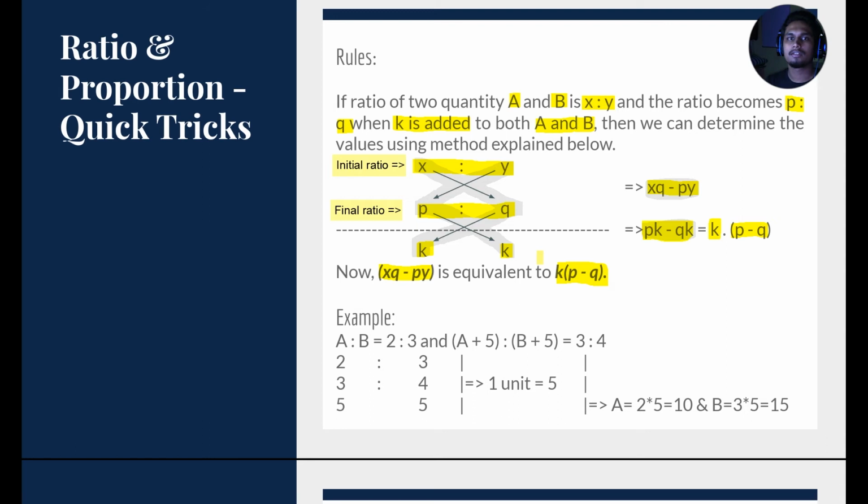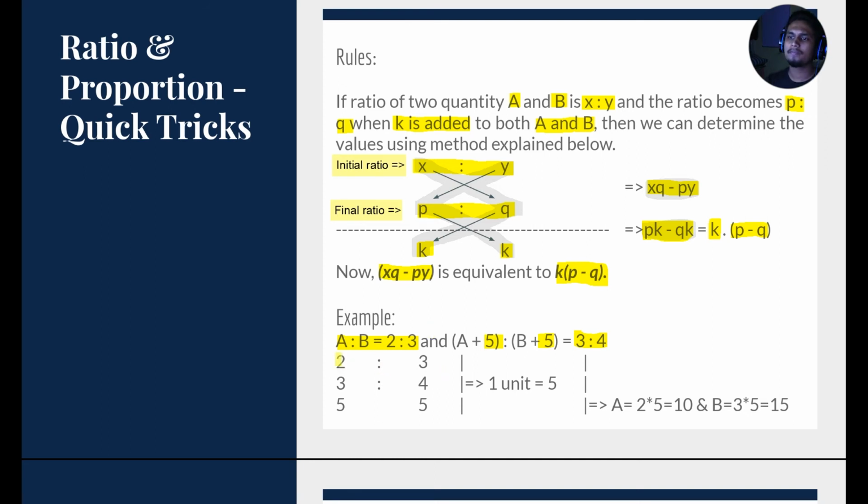Now let's see an example. Suppose A is to B is equal to 2 is to 3, and if we add 5 to both A and B, we will get a new ratio, that is 3 is to 4. Now we just have to solve this with the same approach.